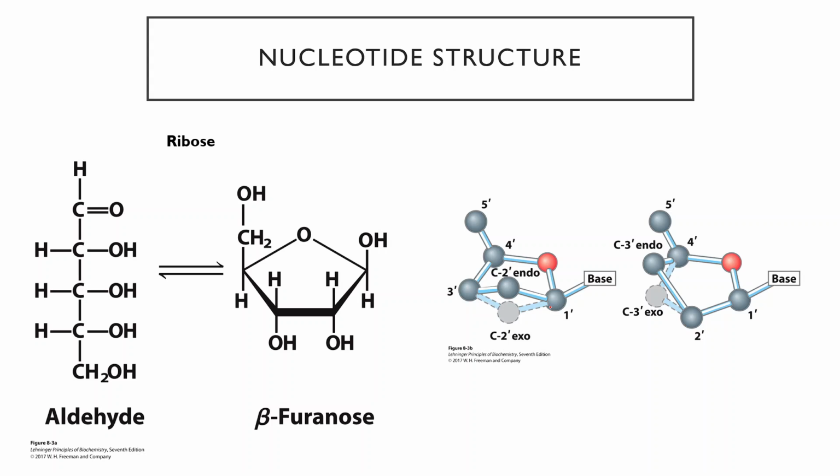Usually either the 2' or the 3' carbon is above or below the plane. If it's above the plane, it's called above with respect to the 5' carbon. So the 5' carbon is the one we're in reference to. So if it's above the plane with respect to the 5' carbon, then we call it the endo configuration. If it's below, it's in the exo configuration. So it's a ring, but it's not quite a flat plane, and there's some flexibility there.